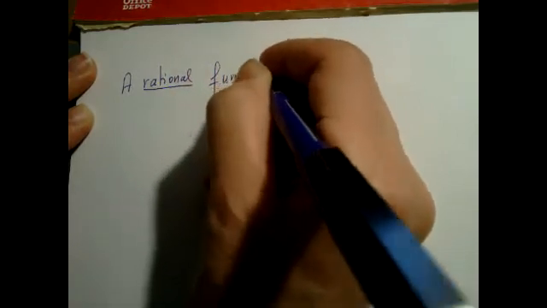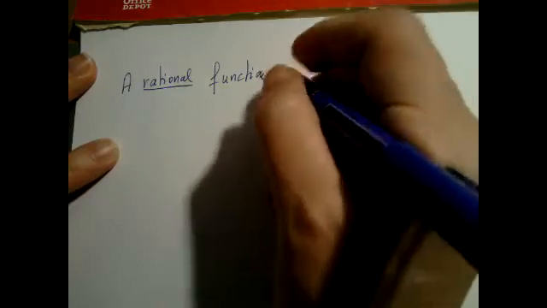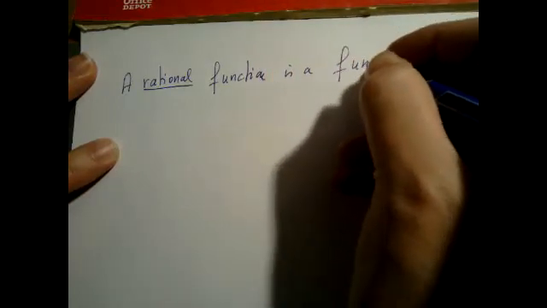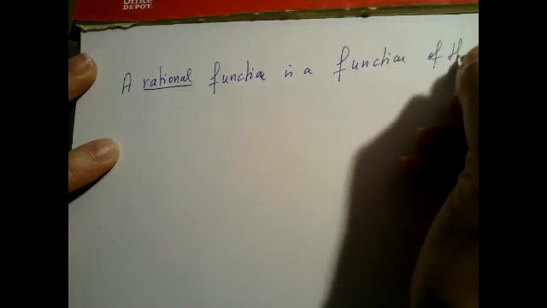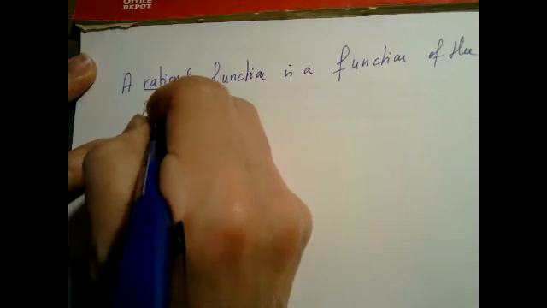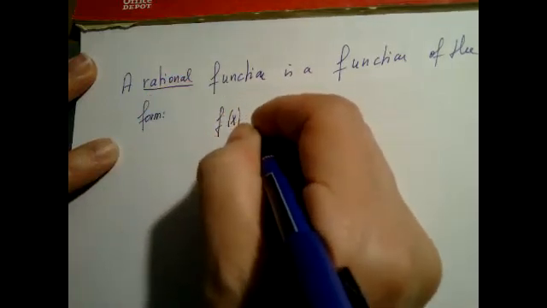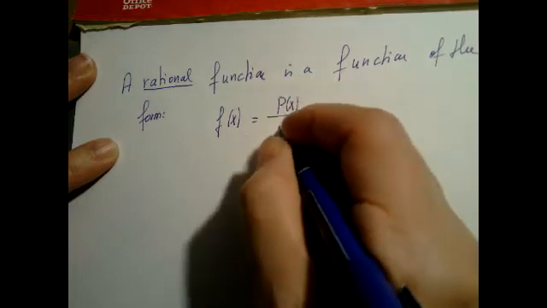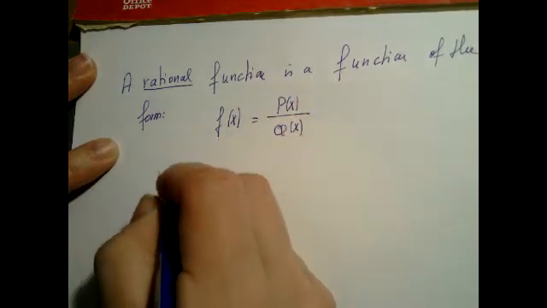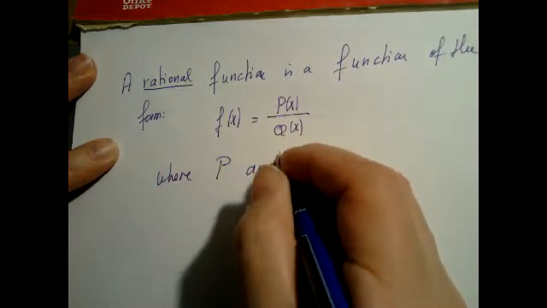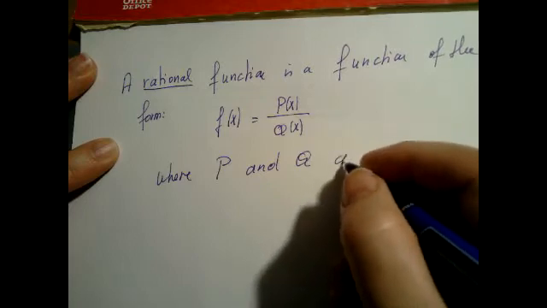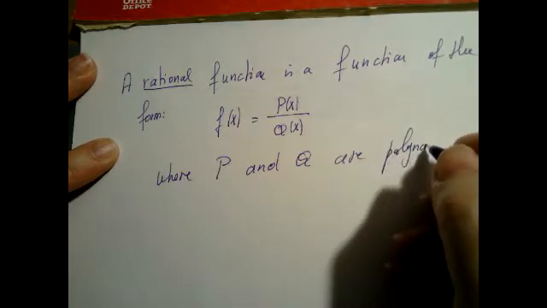A rational function is a function of the form f of x equals p of x over q of x, where p and q are polynomials, a very specific type of function.